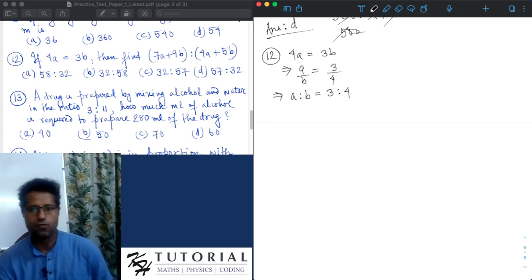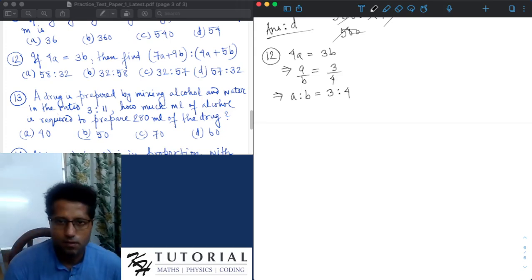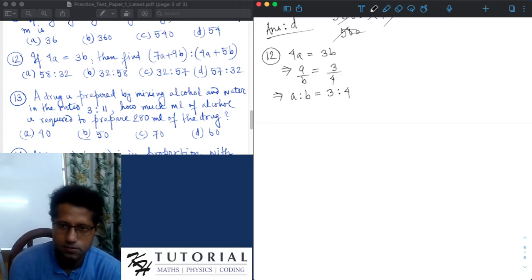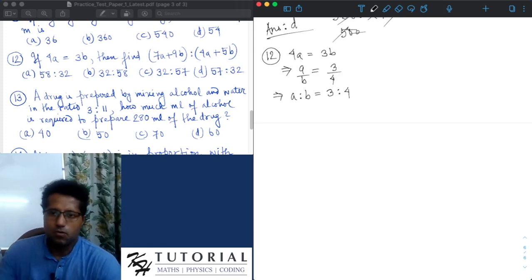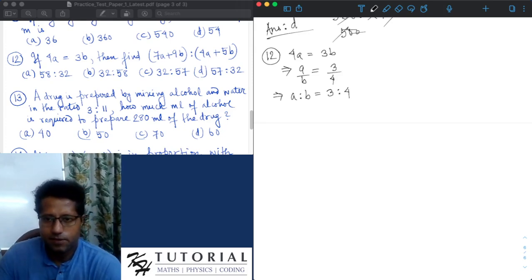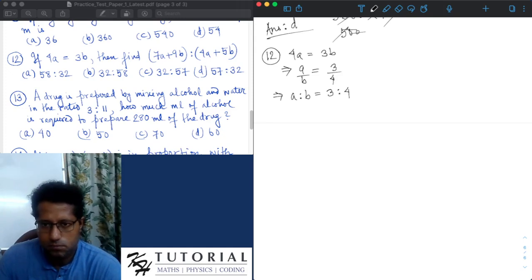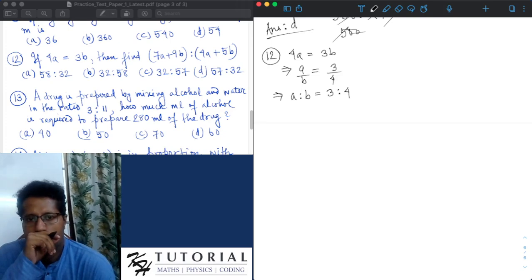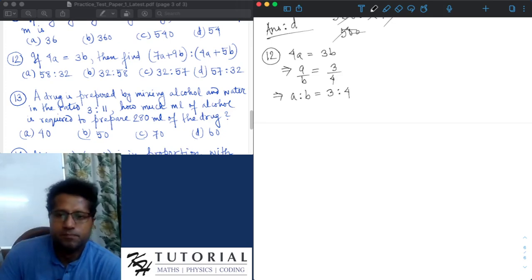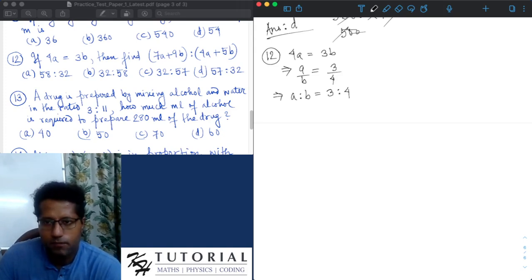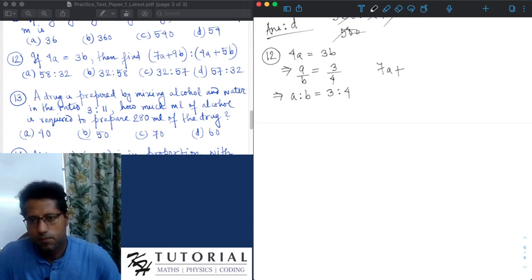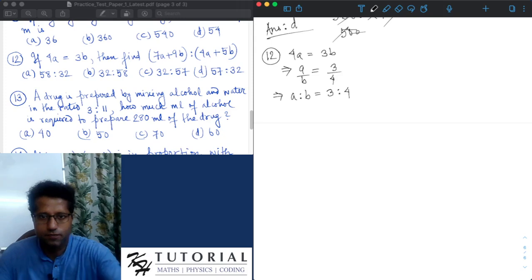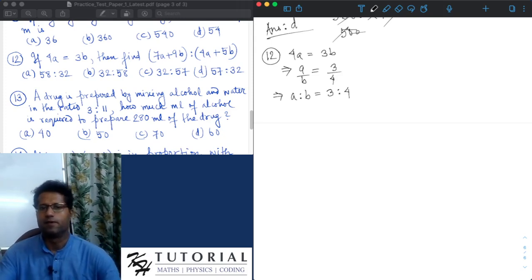So from the fact that 4a equals 3b, we found that the ratio of a is to b is 3 is to 4. Okay. Now we have to find the ratio of 7a plus 9b is to 4a plus 5b.